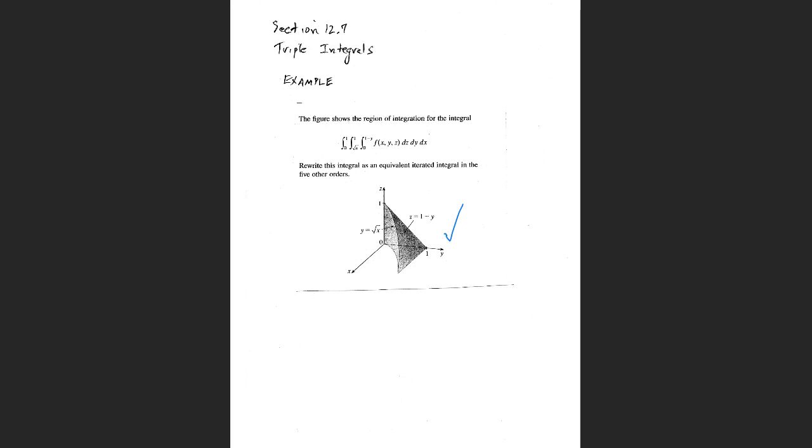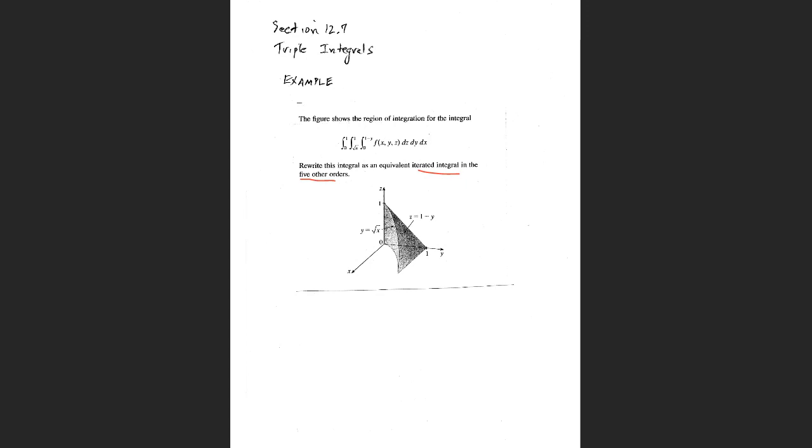This is a triple integral, and the limits are z equals 0 to z equals 1 minus y, y equals root x to y equals 1, and then x goes from 0 to 1. That comes from the solid. What they want you to do is write the equivalent integral in the 5 other orders.